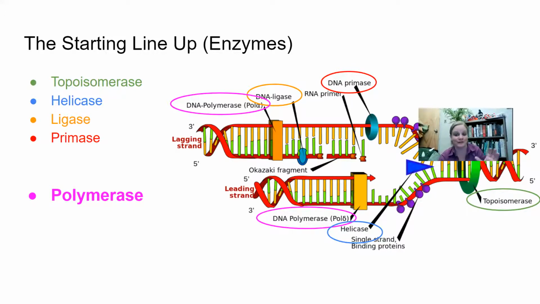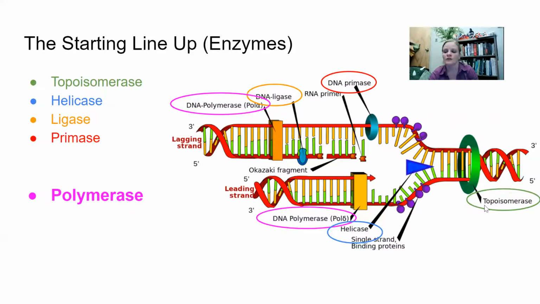And that's conveniently how many major classes of enzymes are included in DNA replication. So we can talk about these enzymes using a basketball analogy. There are supporting players, but then there's the star, the LeBron James, and that is our polymerase. So let's go through these and talk about what they do real quick.